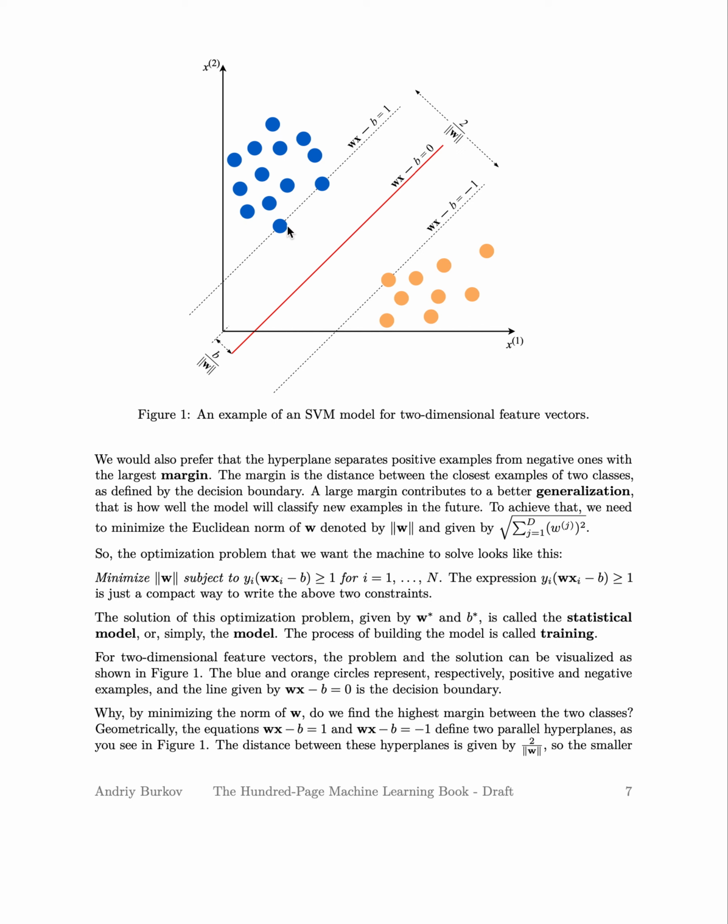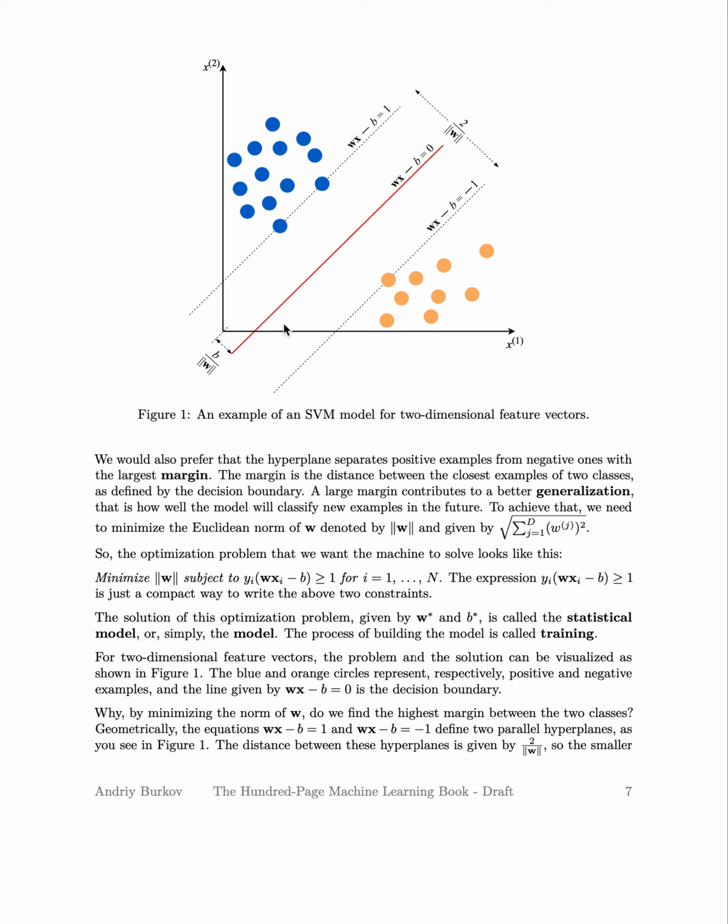For example, this one blue dot, this other blue dot, and this orange dot, which are on these dotted lines, it will create a line which maximizes the distance between both. If this line had been more towards the left, the distance between these two blue dots and this line would have decreased. So we create a line which is perfectly in the middle, where the distance between both categories is maximized.